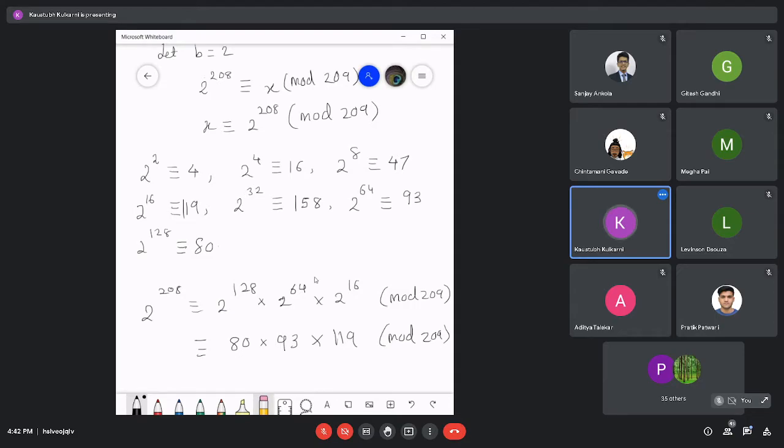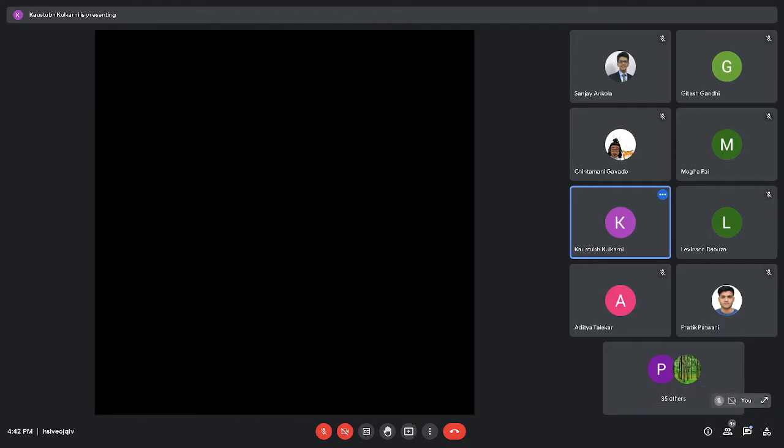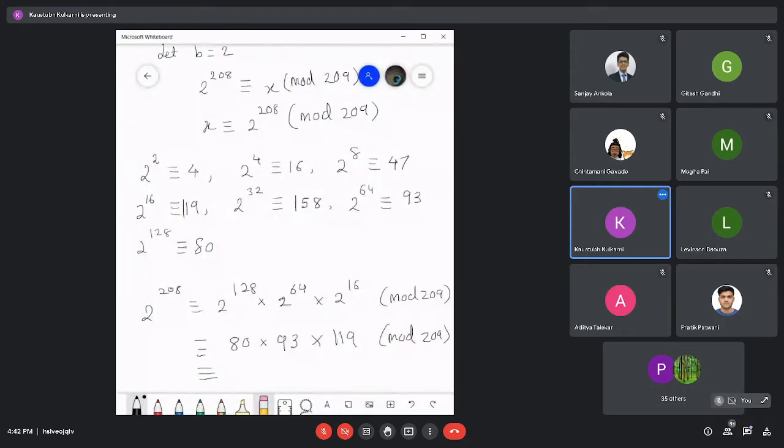Just calculate this. 36 is correct, 36 mod 209.